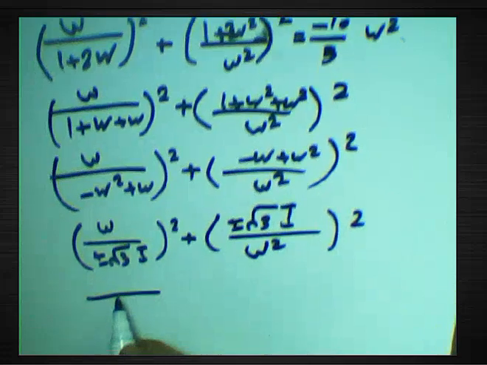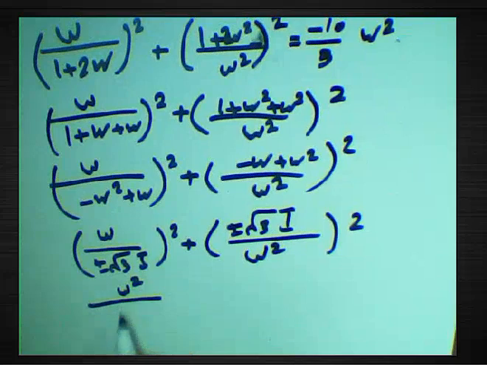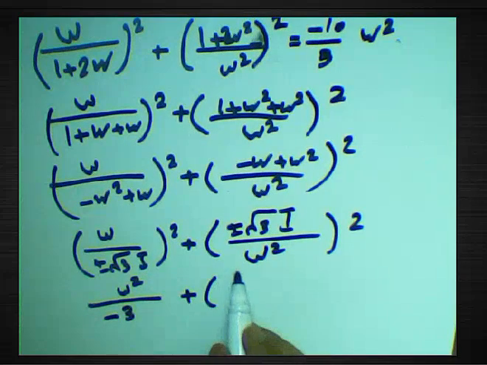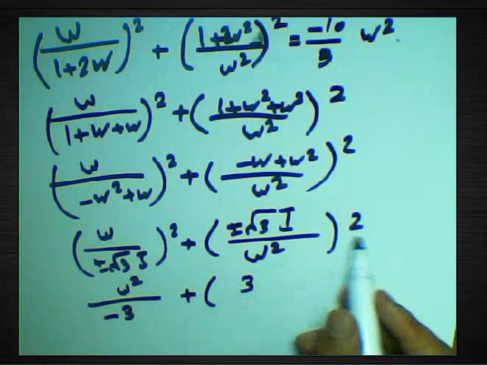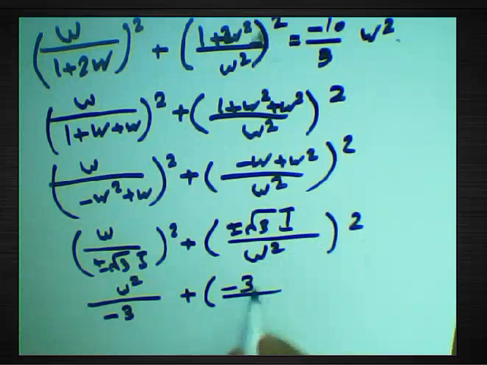And the result will be here omega power 2 over 3 i power 2 equals negative 1, plus the result here root 3 will be 3 power 1 power 2 i power 2 equals negative 1. Omega power 2 all power 2, it will be omega power 4.